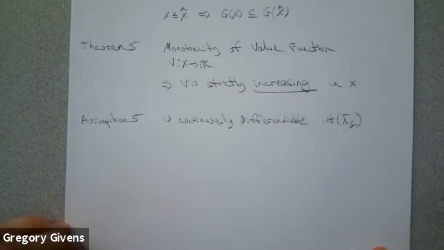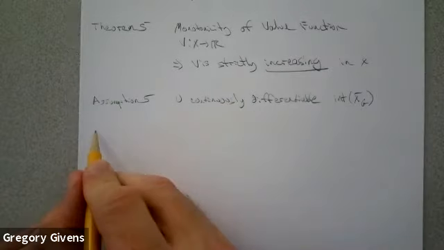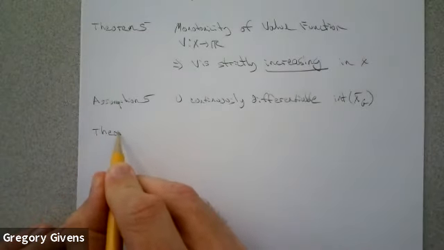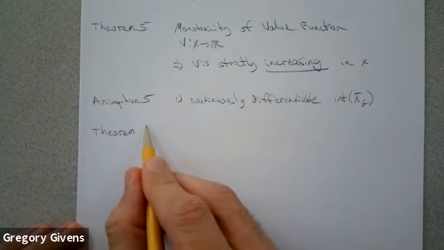In all of these economic applications, we want to be able to use differential calculus to characterize the solution to the maximization problems, so that we can appeal to first and second order conditions. That'll be the same here. If we're willing to simply make the assumption that the instantaneous payoff is continuously differentiable, then that is enough to establish the differentiability of the value function itself. That is Theorem 6.